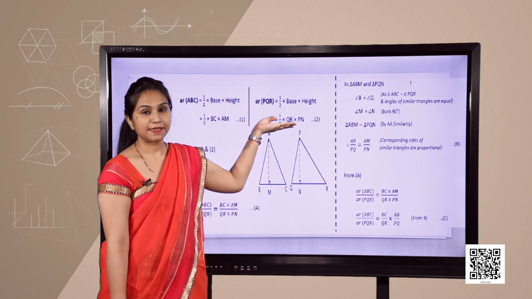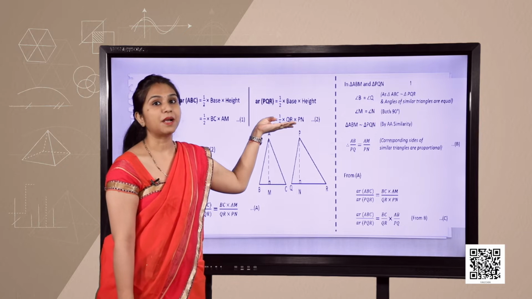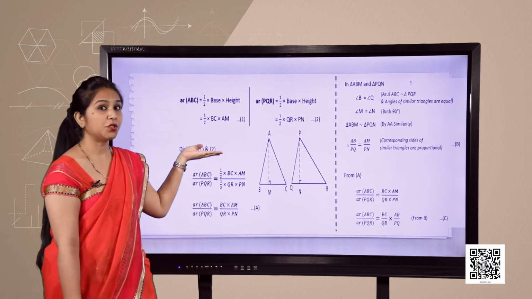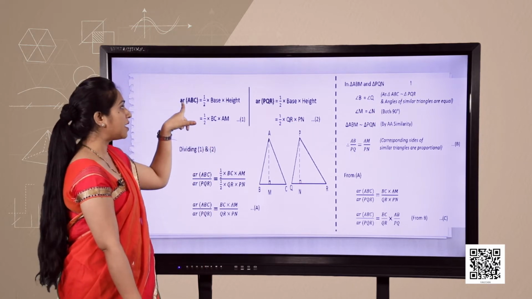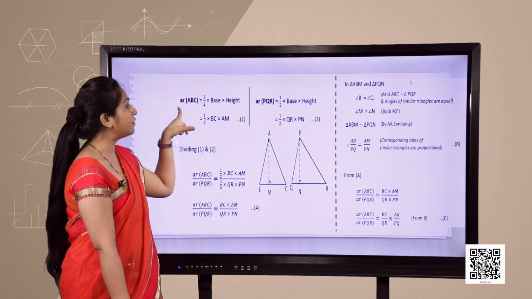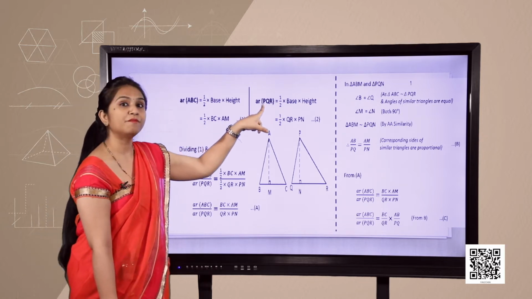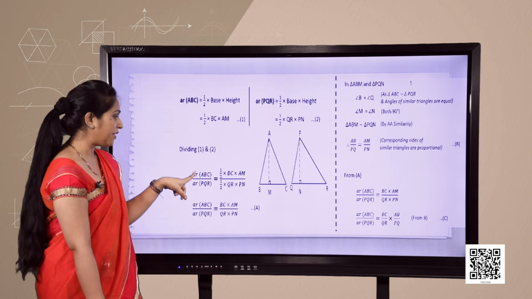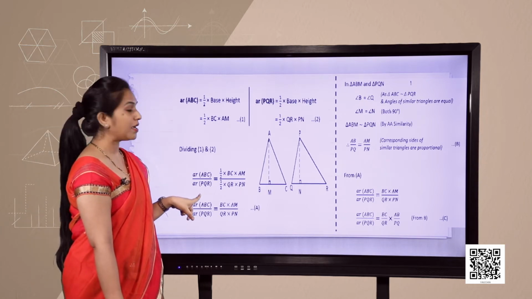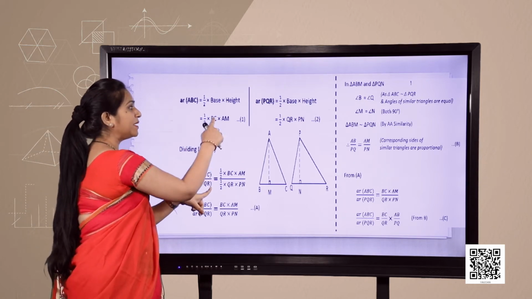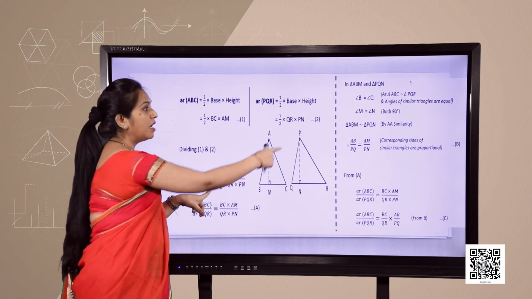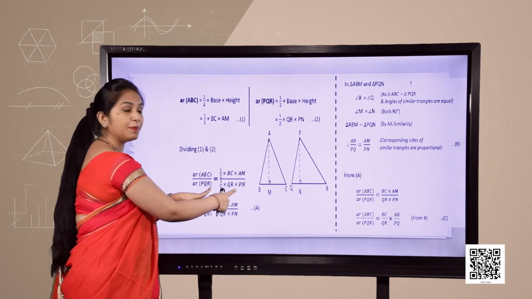Children, in the next step, divide equation 1 by equation 2 and see what you will get. On the left side we have area of ABC and area of PQR. Dividing them, we have area of ABC upon area of PQR is equal to half into BC into AM, which we put here, upon half into QR into PN, which we put here.